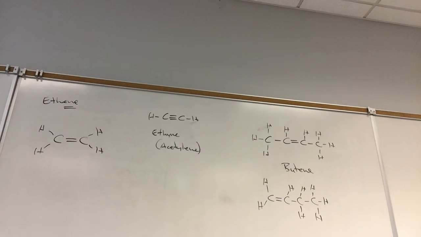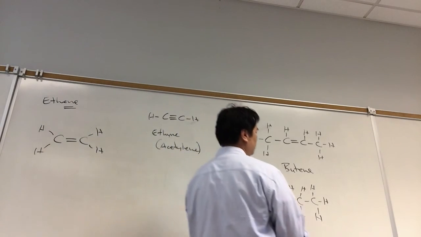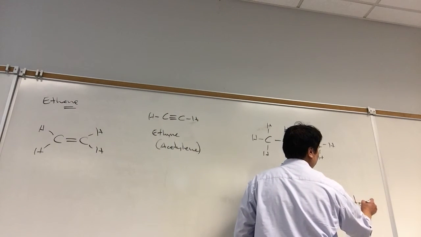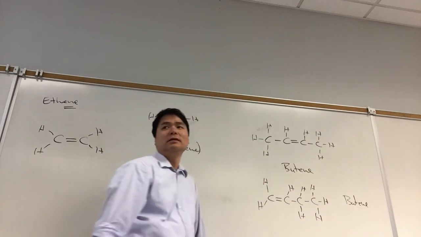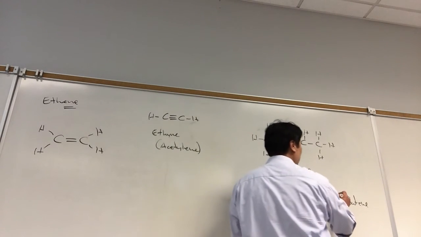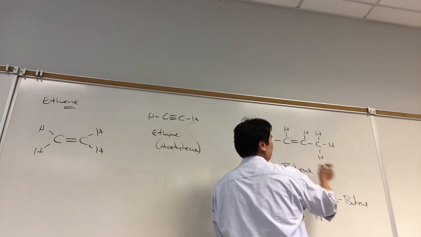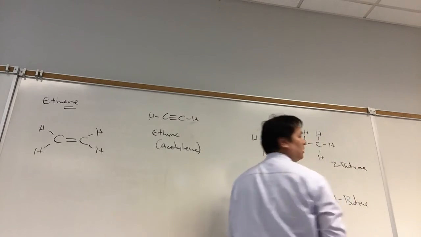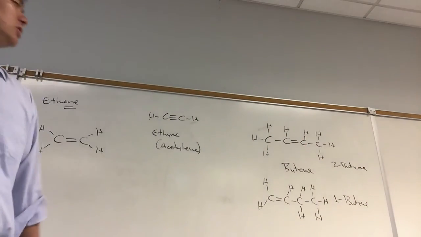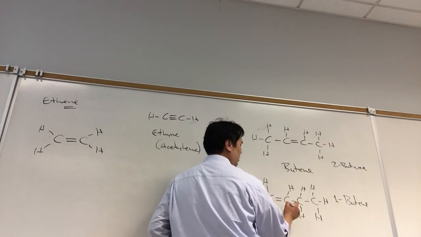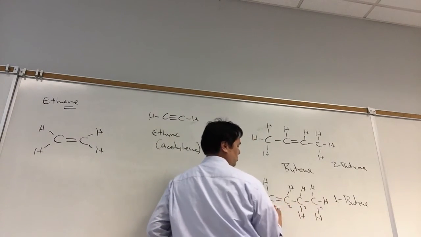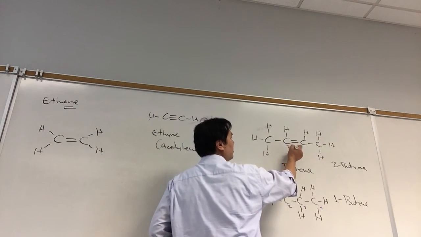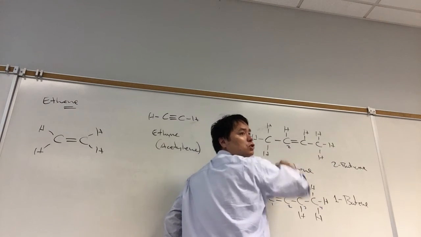Double bond counts as 2, triple bond counts as 3. So I know how many hydrogens to put in there based on that. What would you call this? Yeah, you would call this butene also. And so we have a bit of confusion here, so we have to name these two differently. This one, yeah, you're right, is called 1-butene. This one is called 2-butene. And the origin of the number comes from numbering the carbon chain. So this would be carbon 1, carbon 2, carbon 3, carbon 4. So this one has a double bond starting on carbon 1. This has a double bond starting on carbon 2.